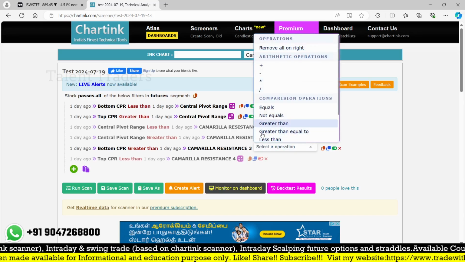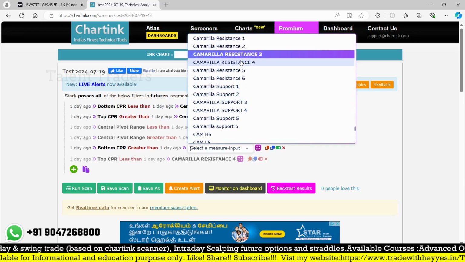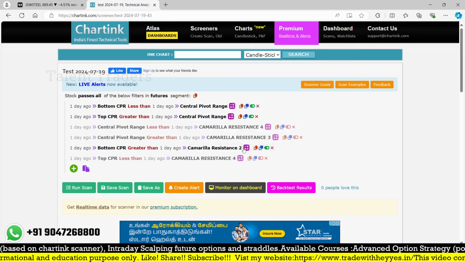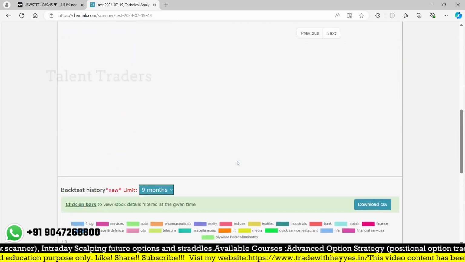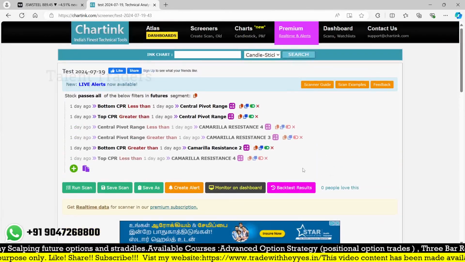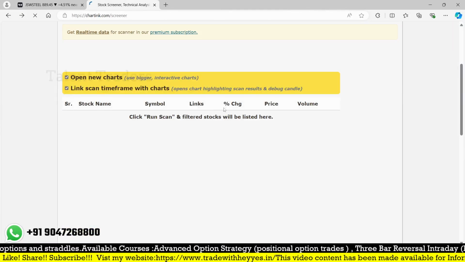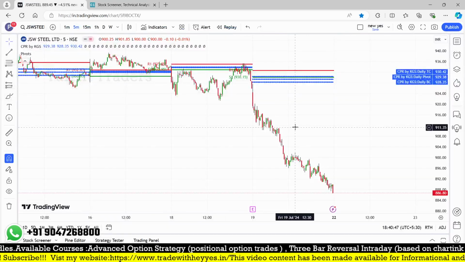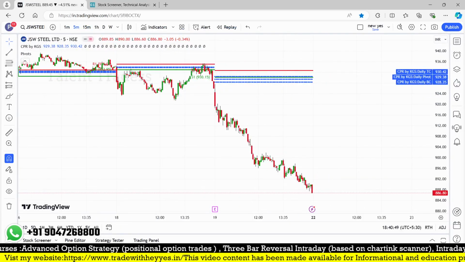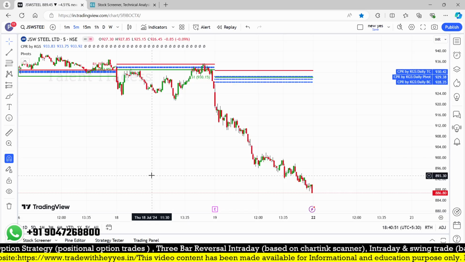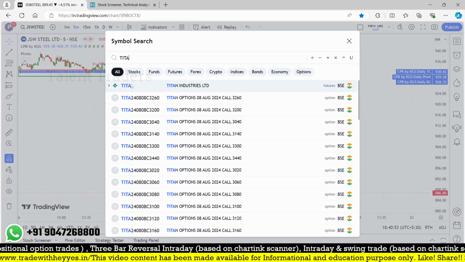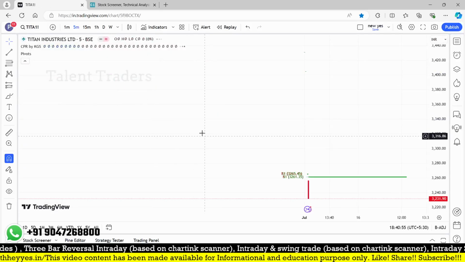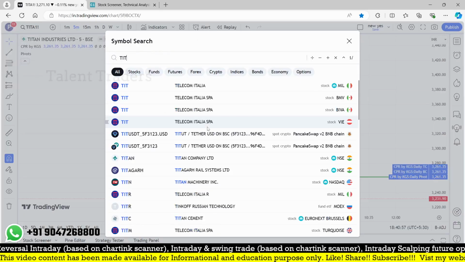So let me go for R2. I think this is not working. But the previous one which you have done is working now. So here is a very simple thing. We will find the stocks which are forming such a thing, like Titan also happened. I think the video is going very lengthy, so we'll finish it.